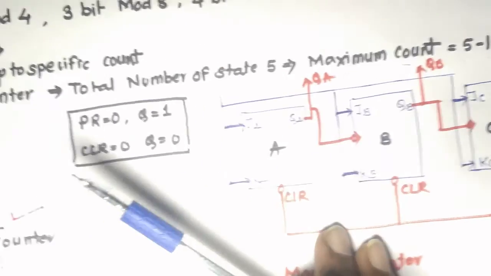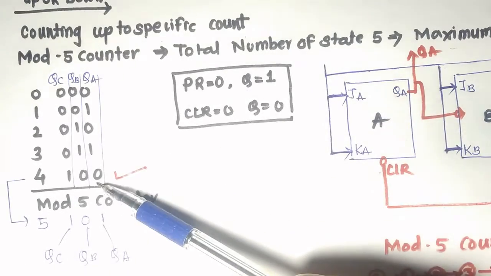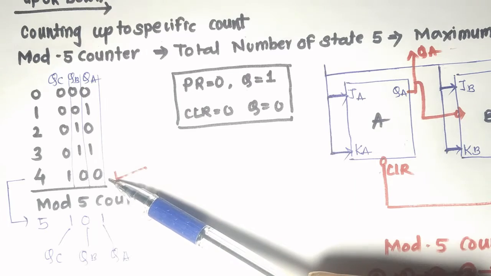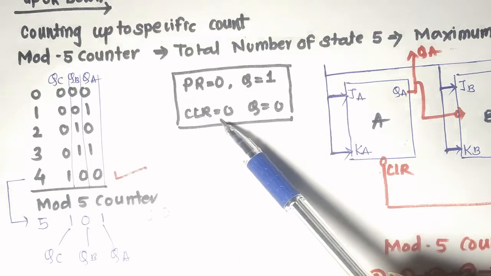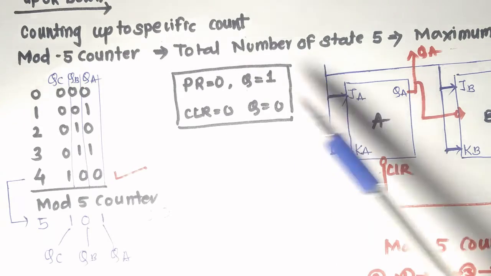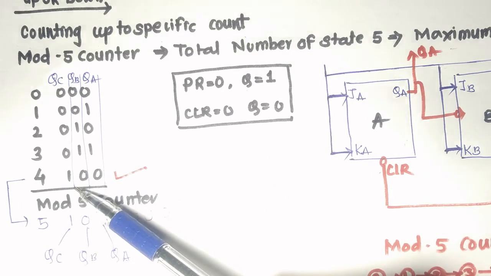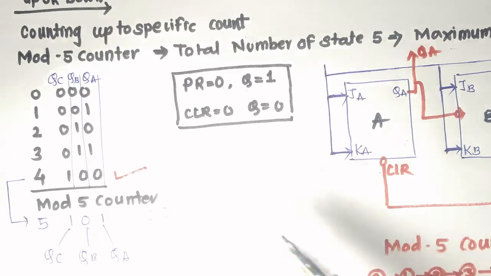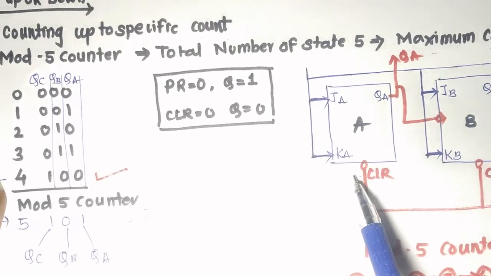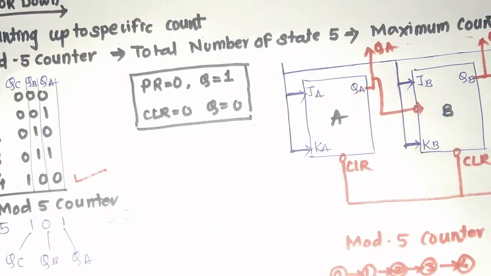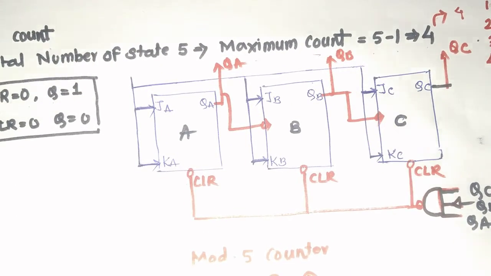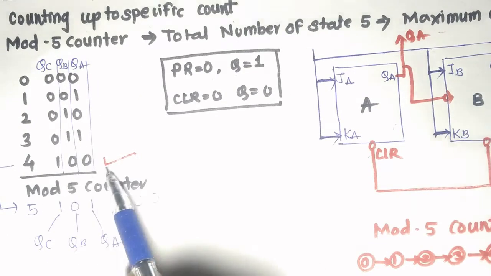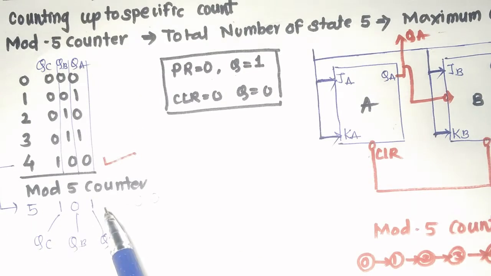Now after counting 100, we need to pass the value of clear equal to 0 to all the flip-flops. After counting the last state 100, we need to give clear equal to 0. To manage this clear value, we have to check the next state after 100, that is 101.